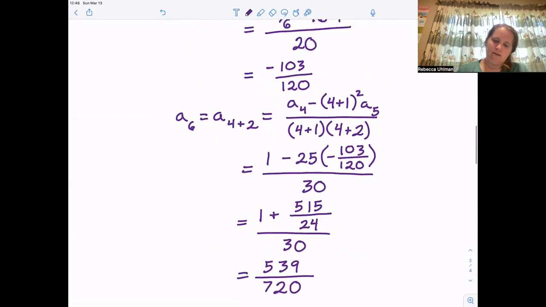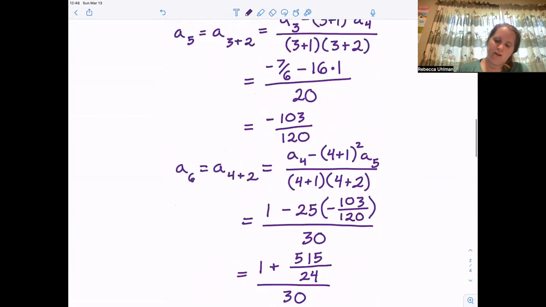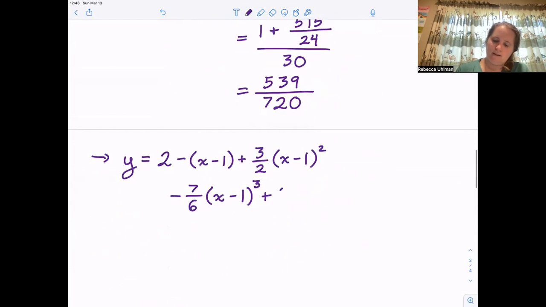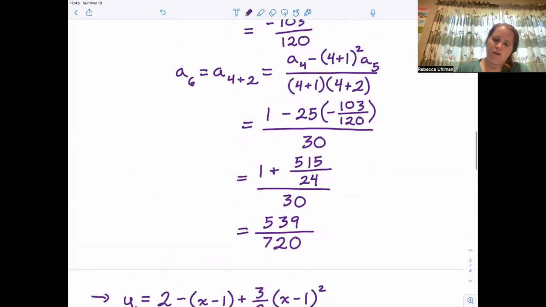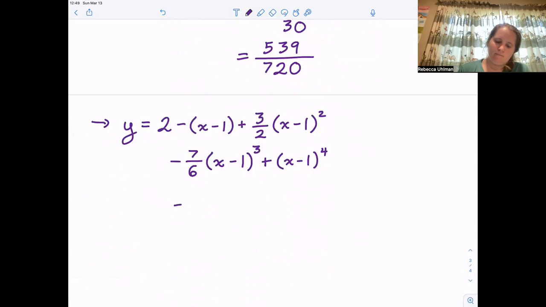Plus 1 times (x minus 1) to the 4th. So plus (x minus 1) to the 4th. Then we have minus 103 over 120 times (x minus 1) to the 5th.